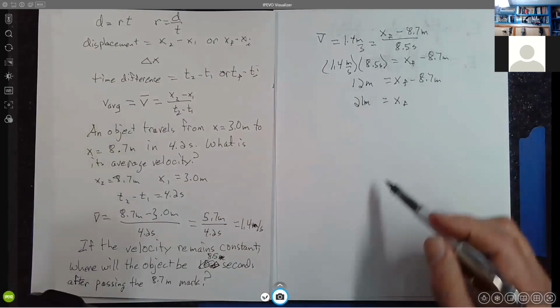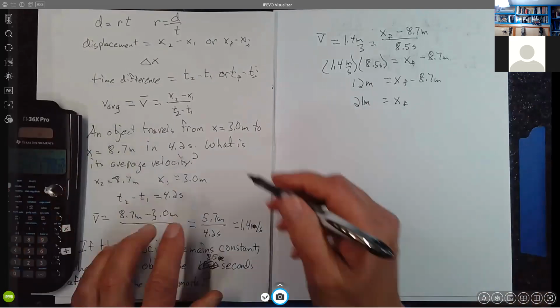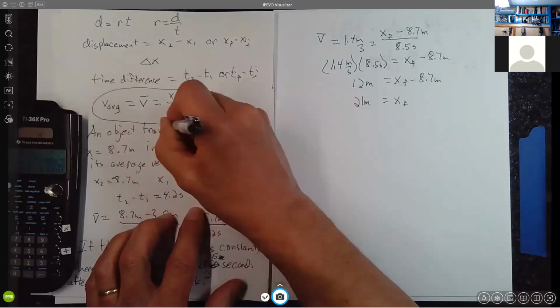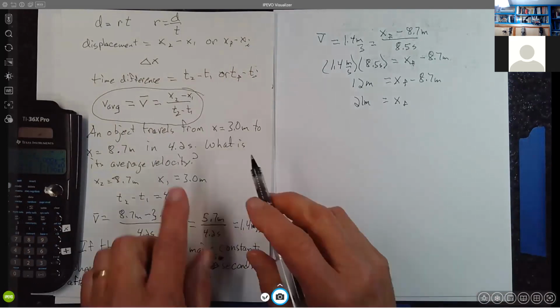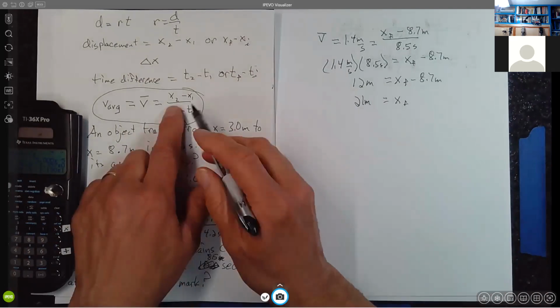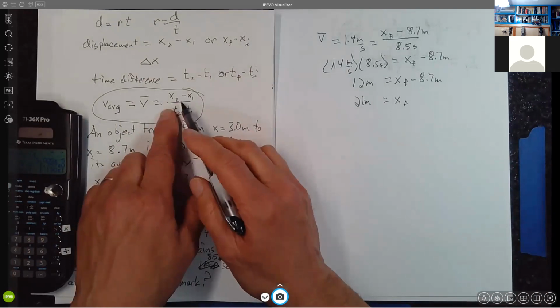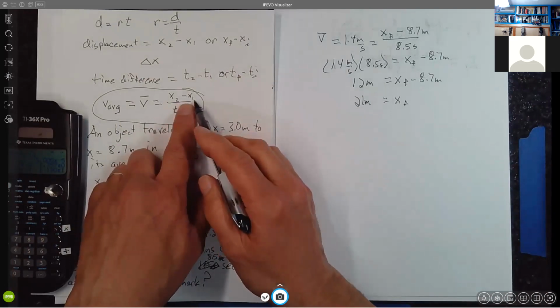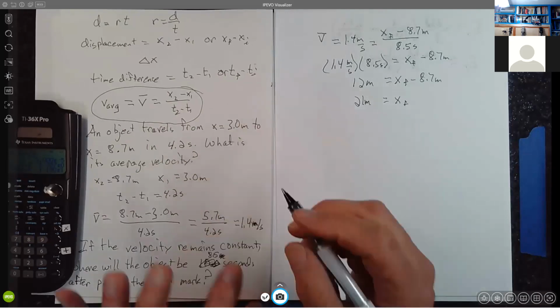Now, this was a little bit complicated to work through that way. Let me show you something I can do with this equation to get something a little more reasonable out of it. What I'm going to do, instead of calling it x2, I'll just call it x. And instead of calling it x1, I'm going to call it x0, x sub 0.